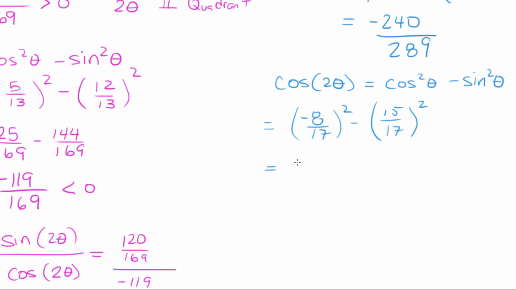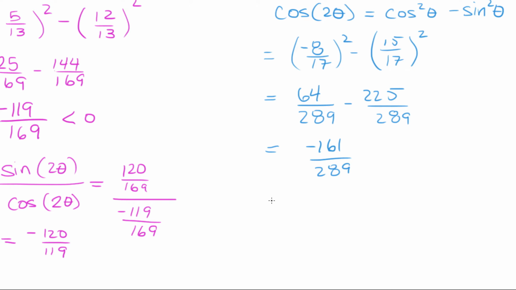This becomes 64 over 289 minus 15 squared, which is 225 over 289. 64 minus 225 is negative 161 over 289.